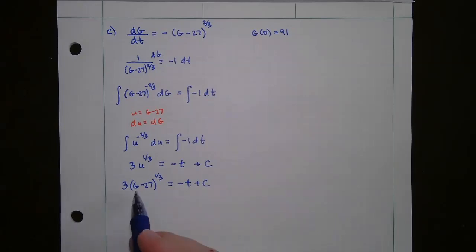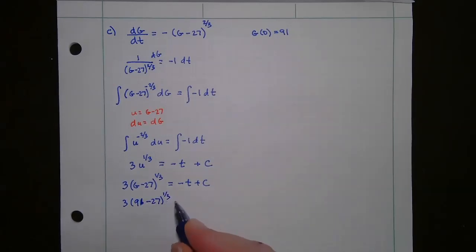So this is going to be 3 times 91 minus 27 raised to the 1/3 is equal to, because this is going to be 0, that's just c. So 91 minus 27 would be 64.